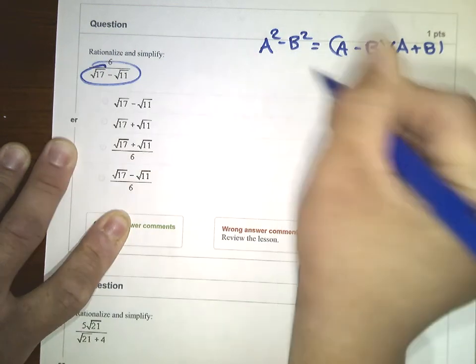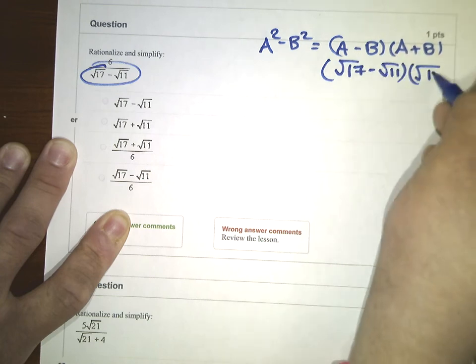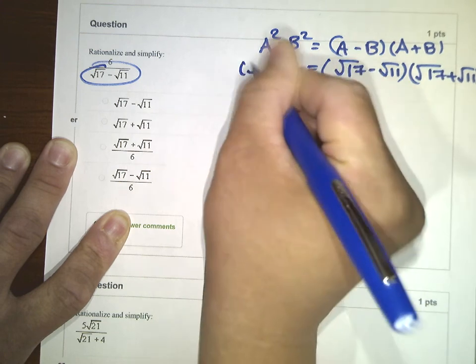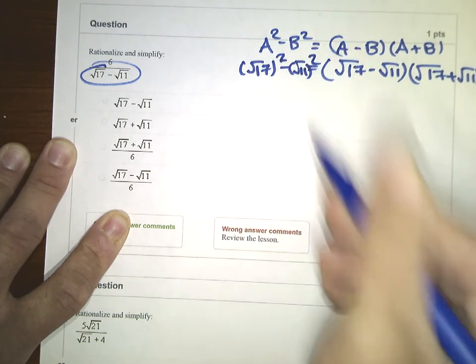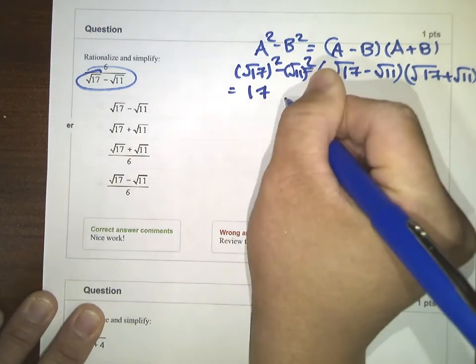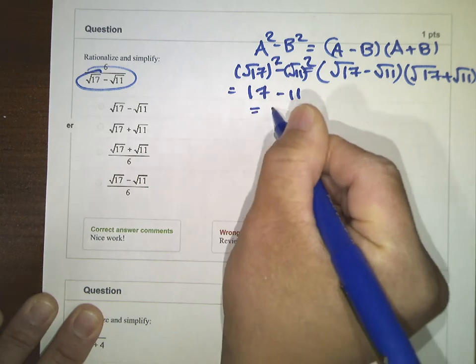In this case, I have square root of 17 minus square root of 11. So I'll need to multiply by square root of 17 plus square root of 11 to get rid of the square roots and to rationalize the denominator. So square root of 17 squared is 17 and square root of 11 squared is 11. So this will be 17 minus 11, which is 16.